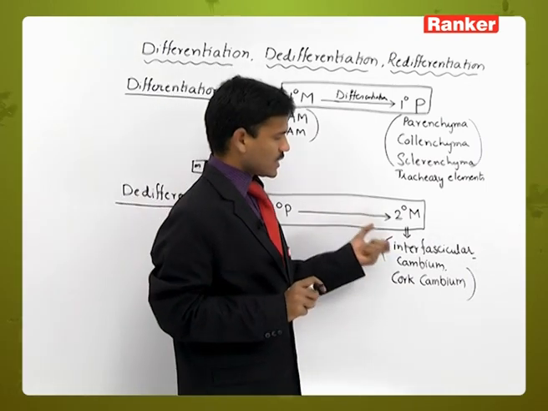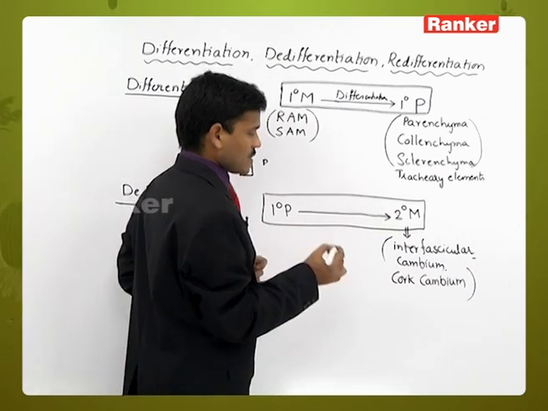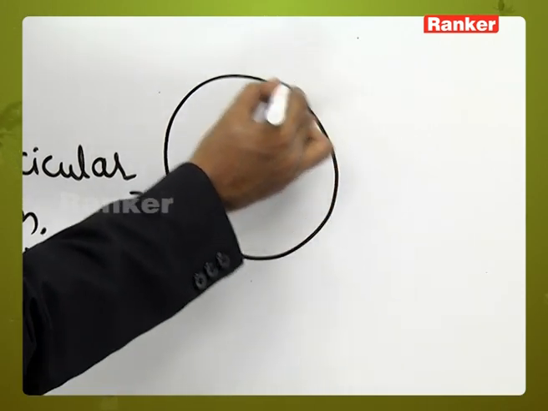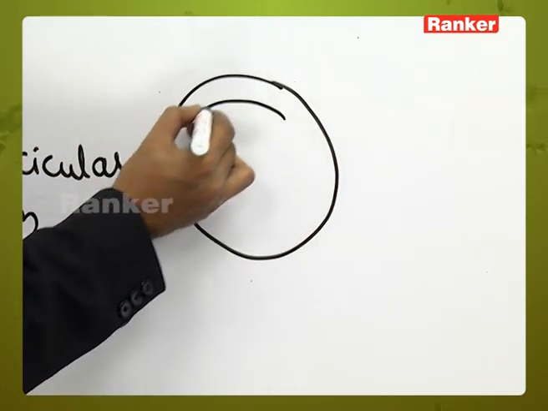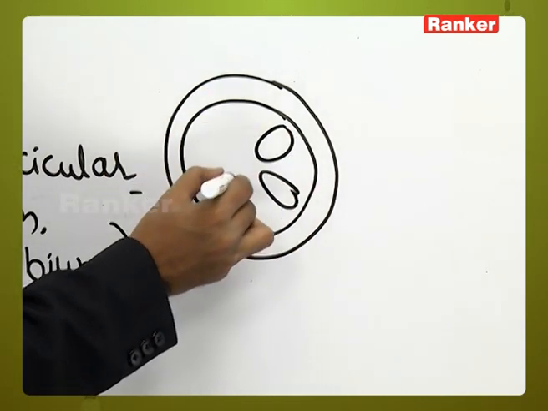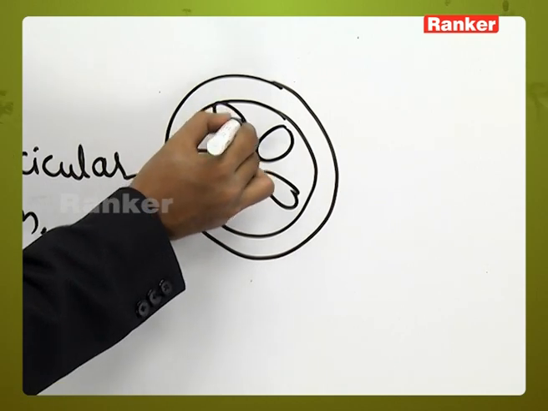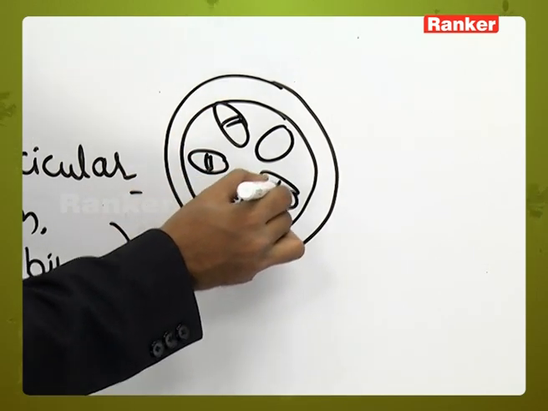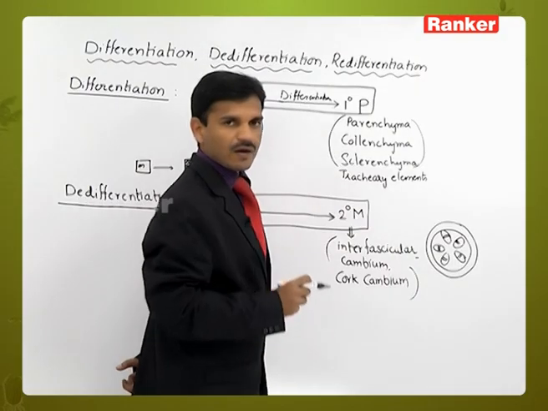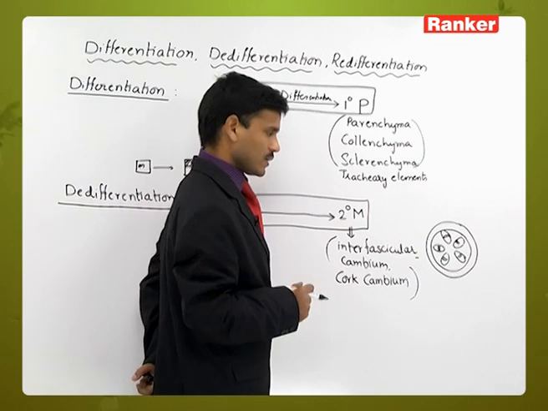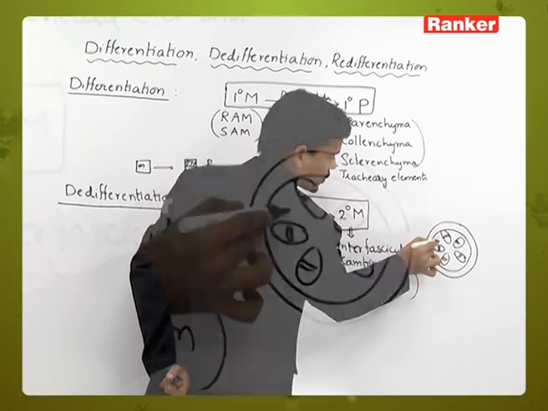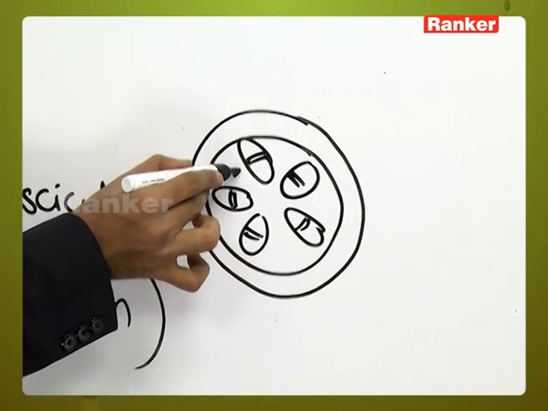But what we are discussing here is the secondary meristem. The secondary meristem, the interfascicular cambium, is produced between the vascular bundles.